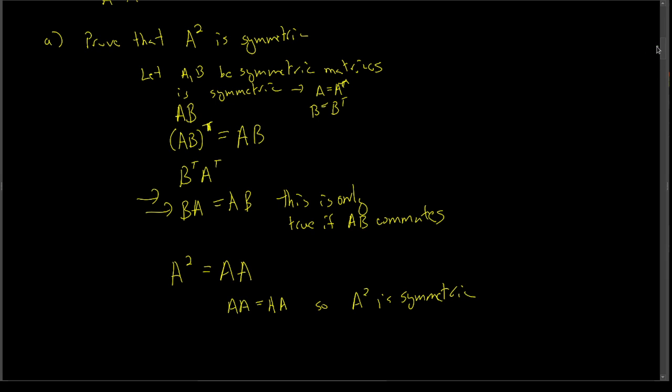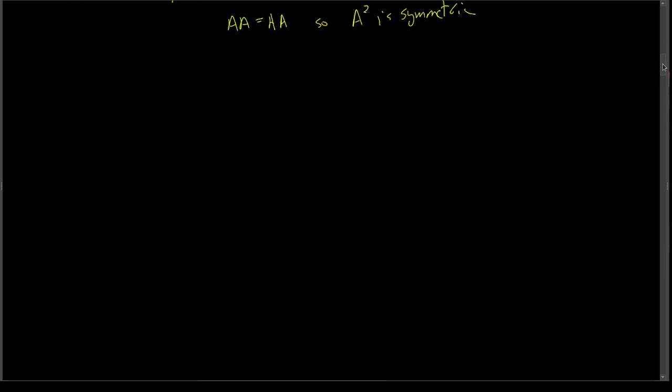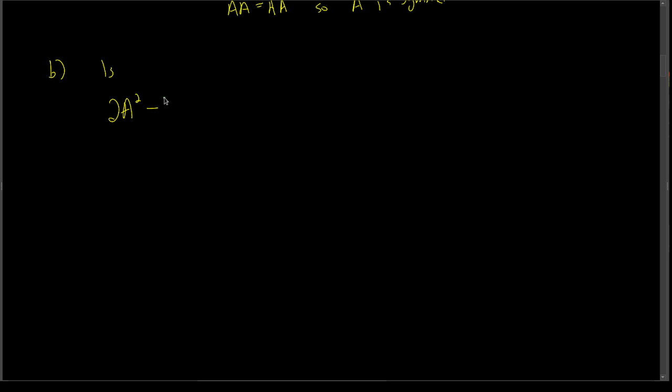And that works really well because the question that I had was on part B. So part B asks, is 2A squared minus 3A plus I symmetric? And this is where we have to use 1.7.2 as our guidelines here.